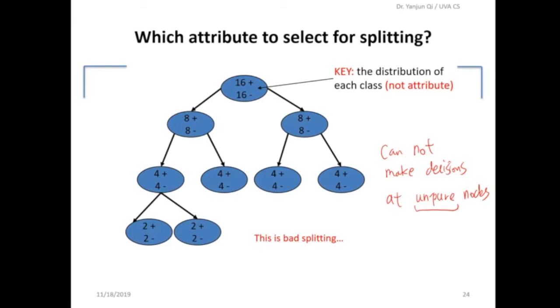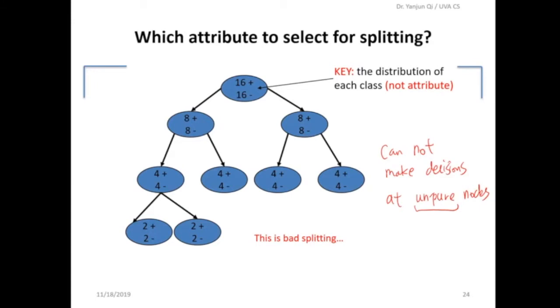This is a bad split because every node gives me extremely uncertain information. The distribution of y positive and y negative is purely uniform. Yes class and no class are equally likely on the node.